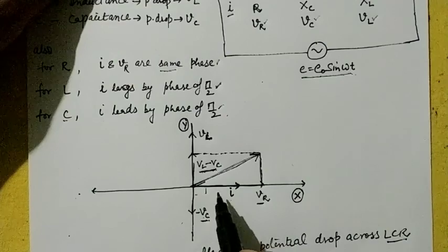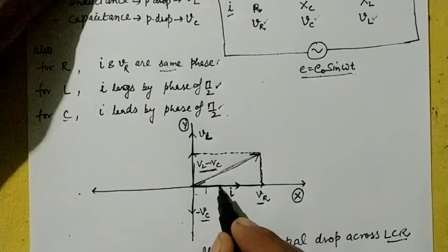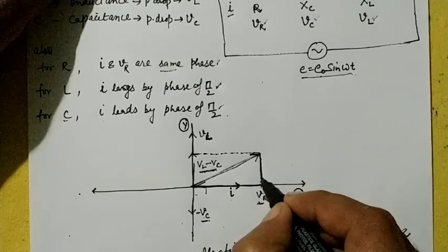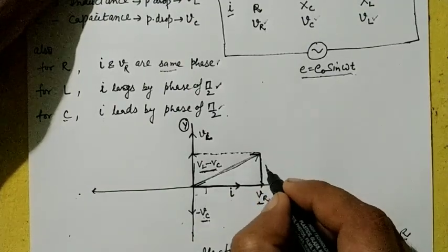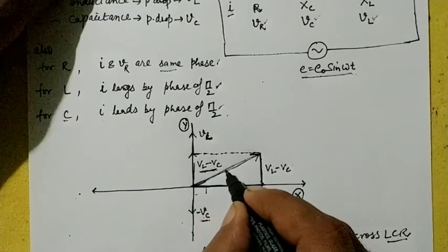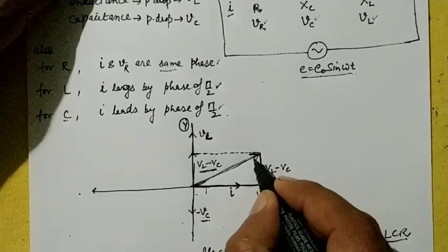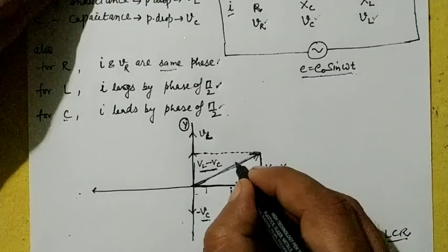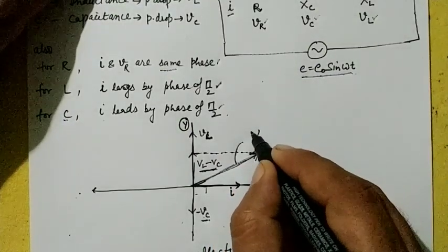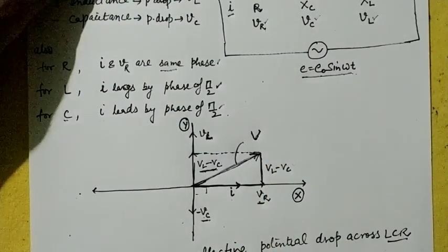In this right angle triangle, this length or base is VR and this perpendicular is equal to VL minus VC, and the hypotenuse is represented along this direction. So here this hypotenuse represents the effective value of voltage.